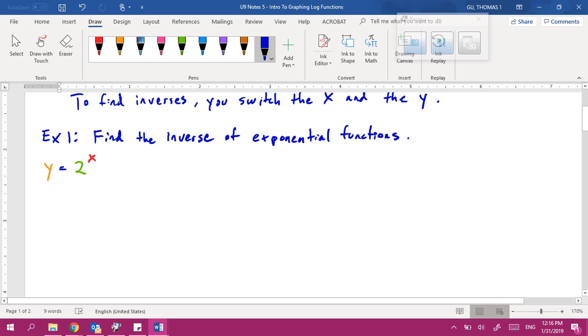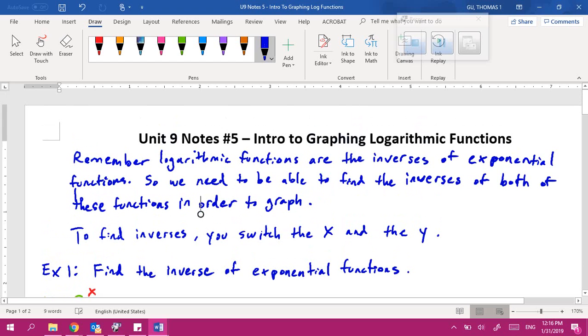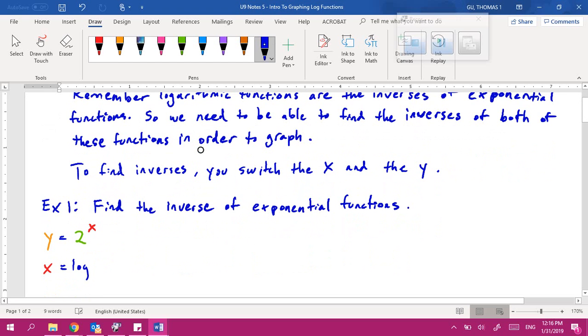If you wanted to change this into a logarithmic form, you would write x equals log base 2 of y.